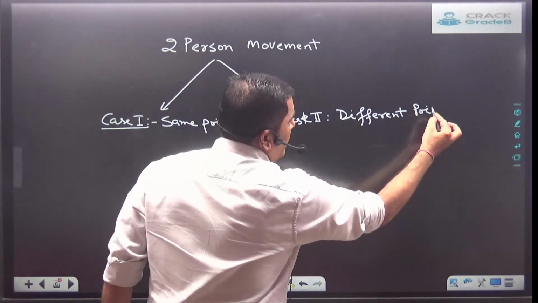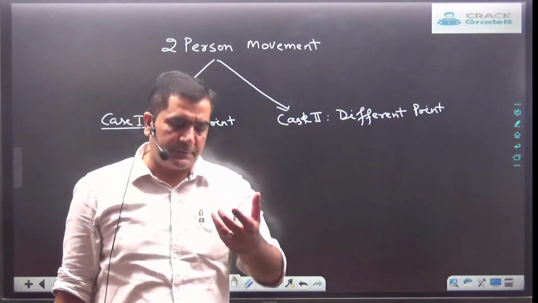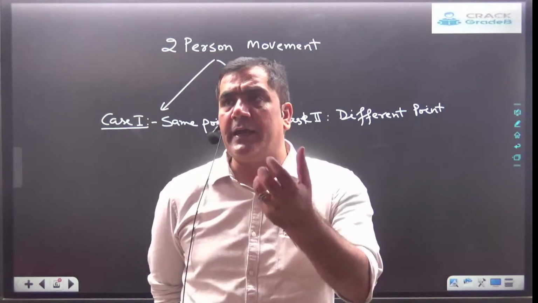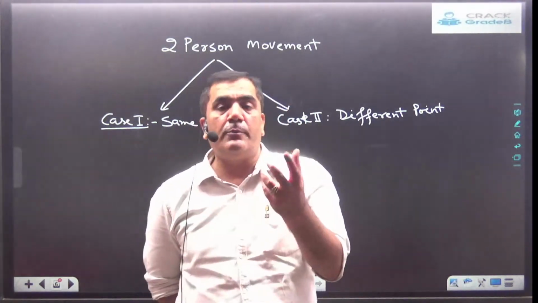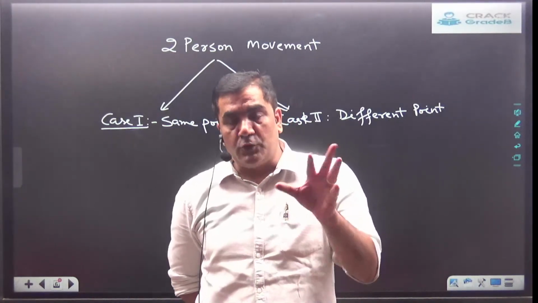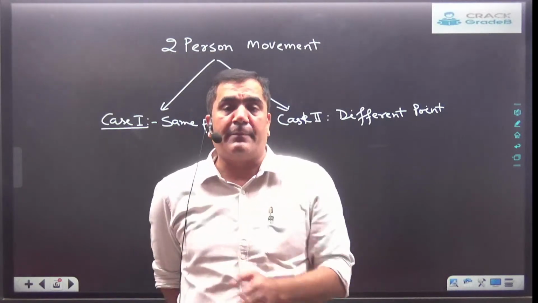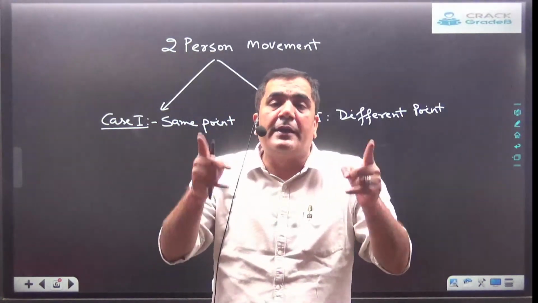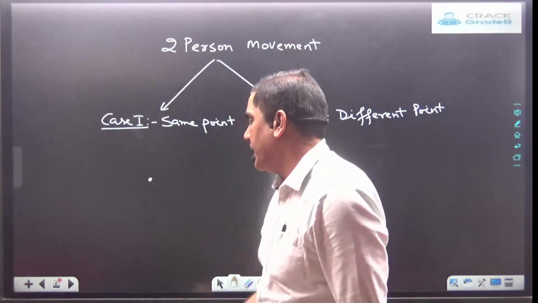Now different points means what? Suppose they will ask like this: 2 persons P and Q start traveling towards each other from 150 kilometers apart. Means the distance in between will be given to you. In the first case, they will start from the same place.